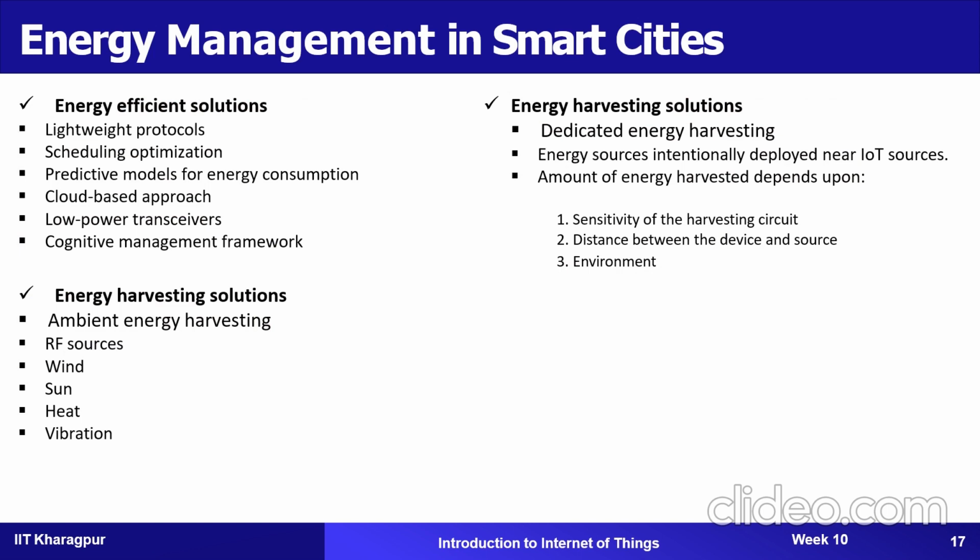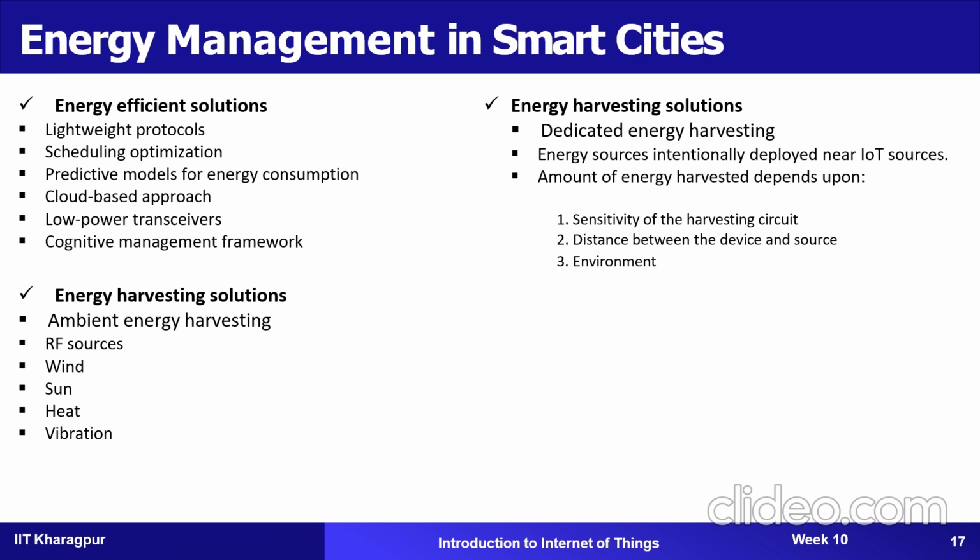Next is your energy management in smart cities. So in energy management, energy efficient solution, the protocols that are used should be lightweight. There should be optimal scheduling of resources. Predictive model should be used in your energy management, so that energy consumption should be less.